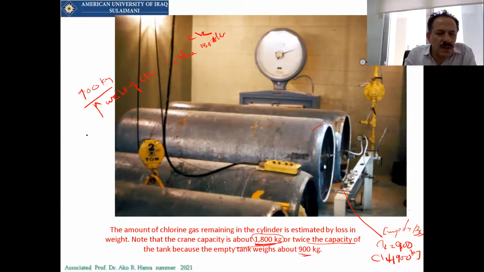Now, we said we need about 64.8 kilogram of chlorine per day. So how many days will one bottle be enough for? We just take 900 kilograms and divide it by 64.8 kilogram per day.